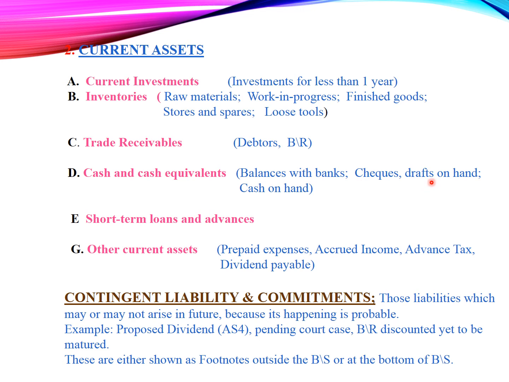Simple: any type of loan or advance which a company has given either to its employees or to its suppliers for a period up to 1 year or less than 12 months, they all are shown under this heading. If the question is silent about investments, then we always take it for long term. Listen again. If in the question only the word investments alone is written, nothing else, it is always shown under non-current assets.